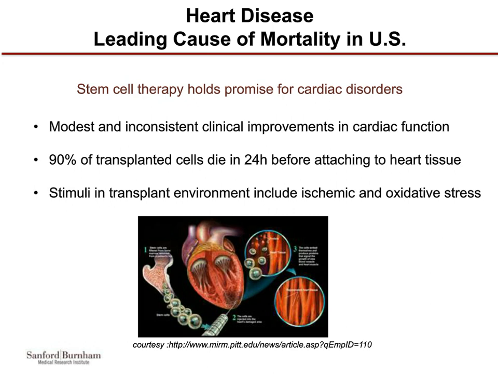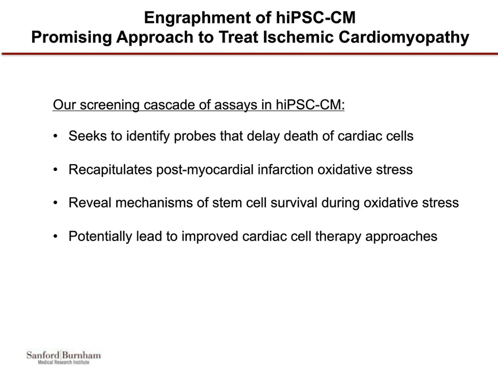Ischemic and oxidative stress are relevant stress stimuli in the transplant environment that cause these cells to die. So for the engraftment of stem cells to be successful, we've come up with a screening platform to identify compounds that will either prevent or delay the death of these cells so that they have a chance to attach to the heart.